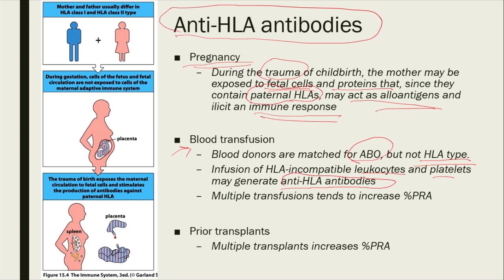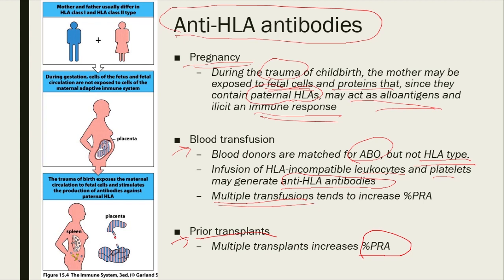Okay, so people who have received a lot of transfusions in their lifetime tend to have generated antibodies against many different types of HLA, and therefore have a more difficult time finding an appropriate donor if they need one. Okay, the third case is prior transplantations. If you had transplantations before, that also increases the percentage PRA, and that also makes it more difficult.